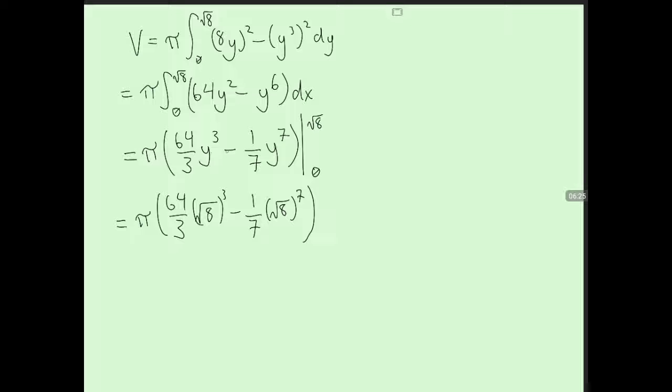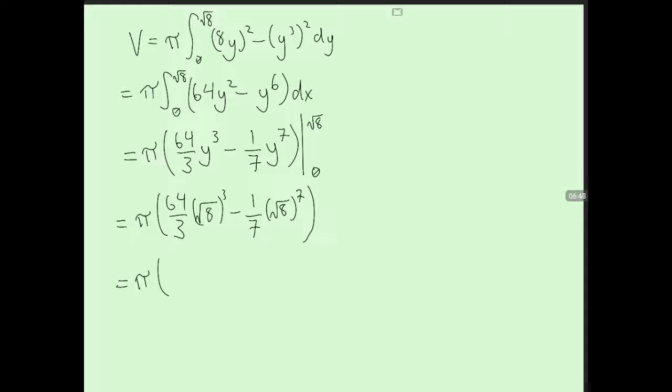If we plug in 0 for y, we get 0, so we don't have to worry about that. And if we continue to simplify, we can express this as 8 to the 3 over 2. So this is also the same thing as the square root of 8 cubed.